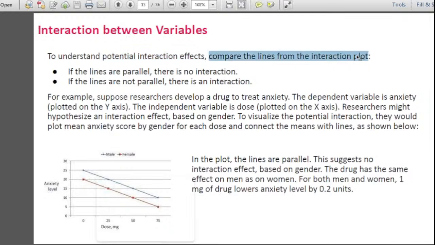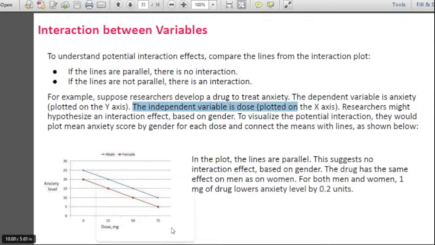To understand the potential impact of an interaction effect, let's compare the lines in the interaction plot. These are two lines. If the lines are parallel, there is no interaction. If the lines are not parallel, meaning they intersect somewhere, then there is some interaction. Here anxiety is the dependent variable, plotted on y, the anxiety level. The independent variable is the dose, plotted on x.